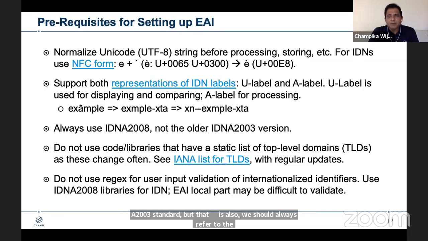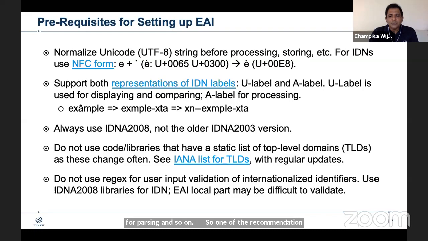Now, in some of the applications, especially if you're a developer, when you do your development work, sometimes you may have to use these TLDs, especially for parsing and so on. One recommendation is do not use any static TLD lists, because the top level domains can always change.